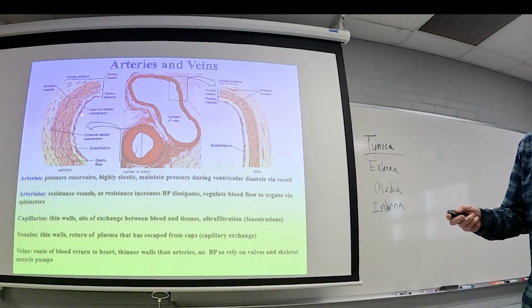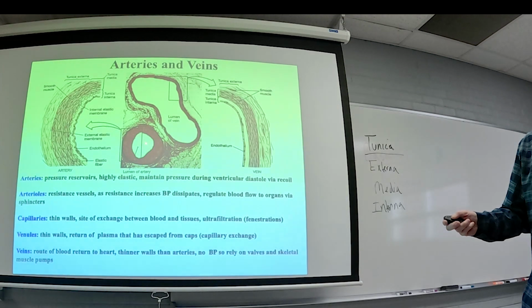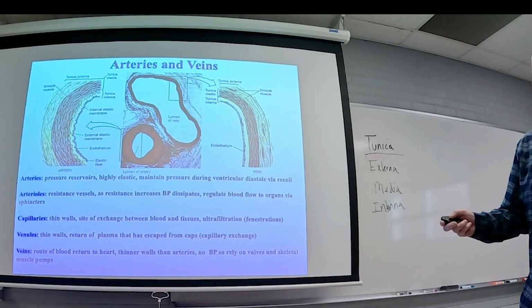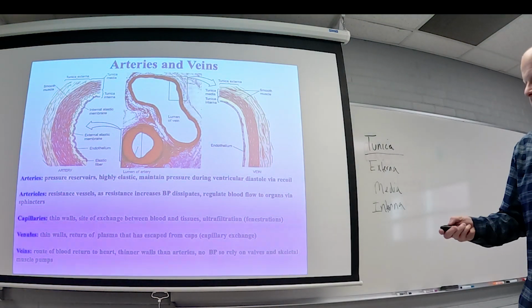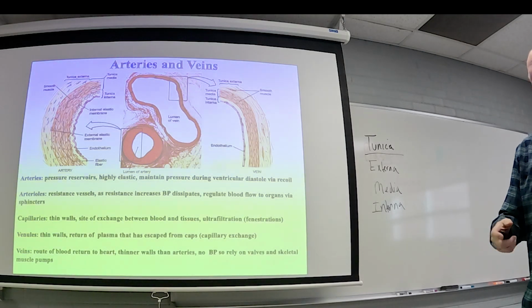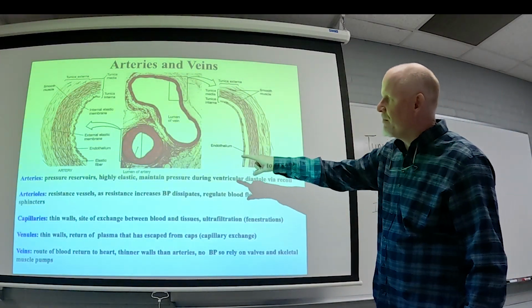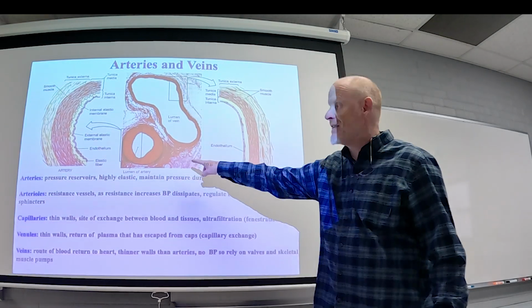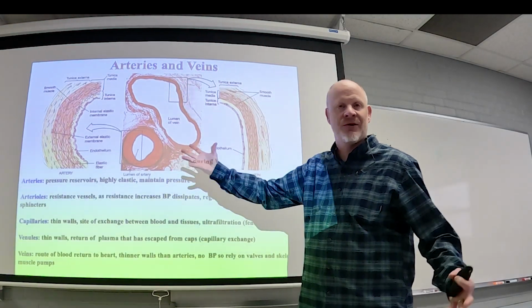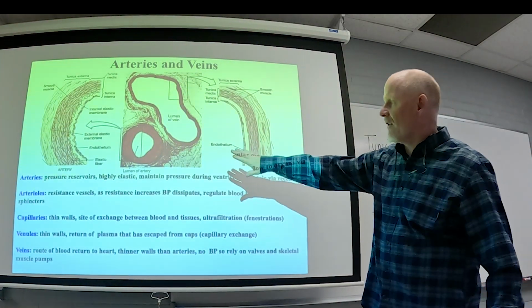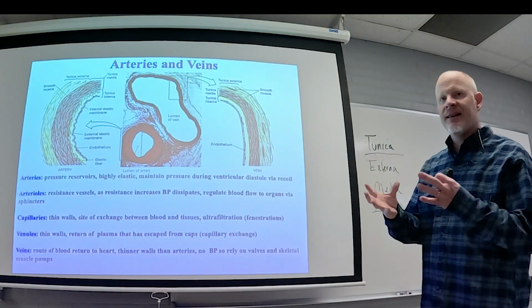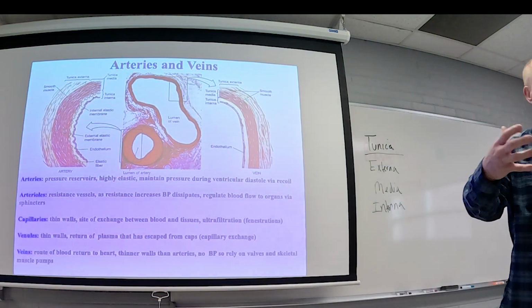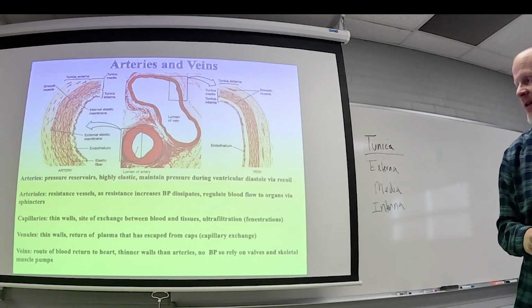If I'm blood passing through this artery right here, there's no way that something could move from the lumen through that thick wall to these tissues here, right? I mean, it's just too thick. So I remove all of that stuff, and now I have an endothelium that I can deliver stuff through because it's very thin, right? We already saw how thin the endothelium is.